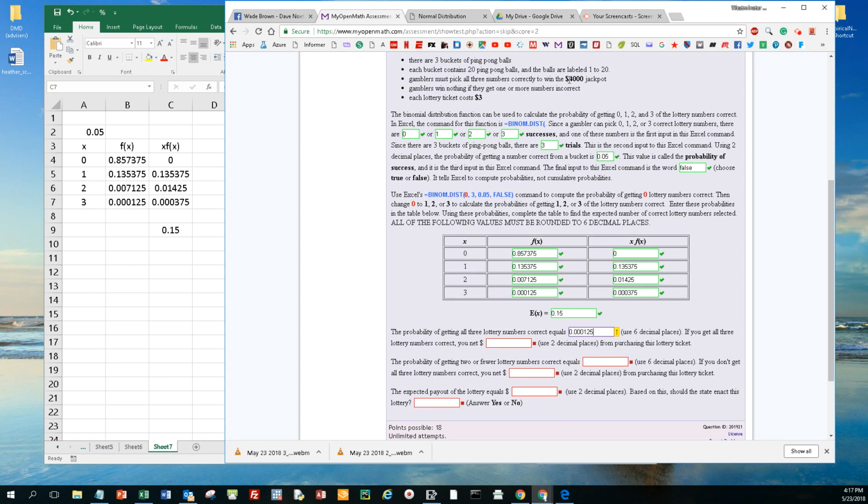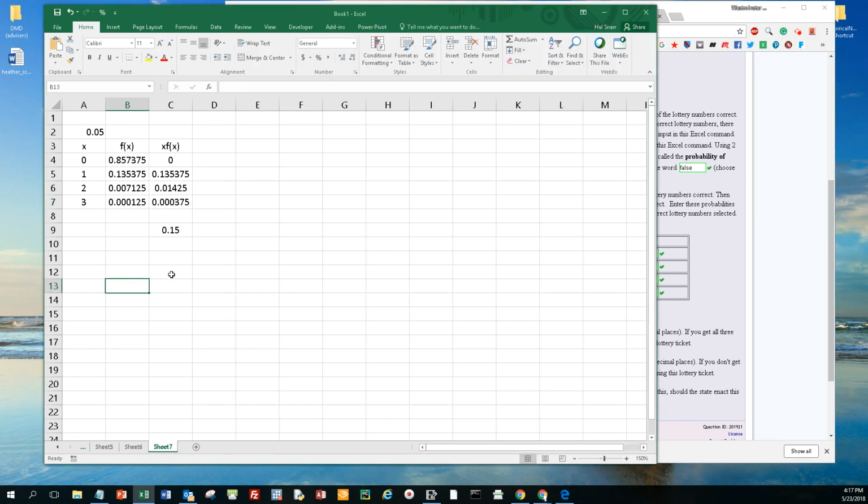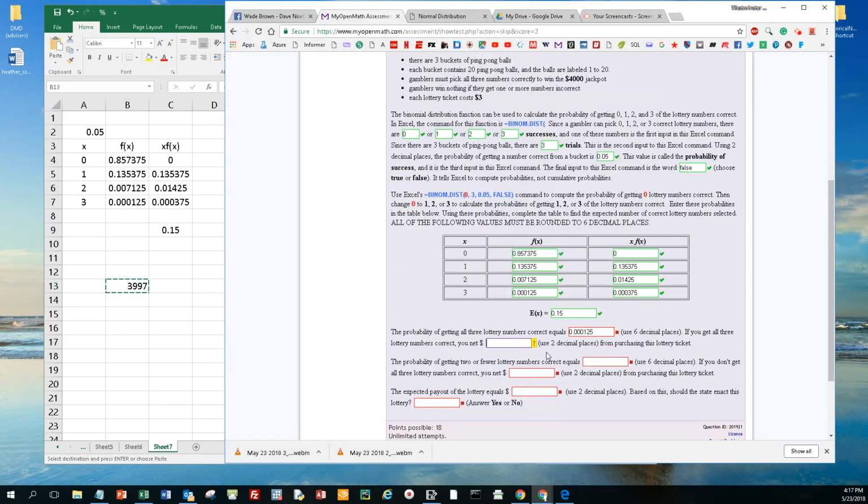On net, you're going to get 4,000 minus 3. So if you get all 3 ping pong balls correct, you win $4,000, but you have to remember you had to pay $3. So you net $3,997.